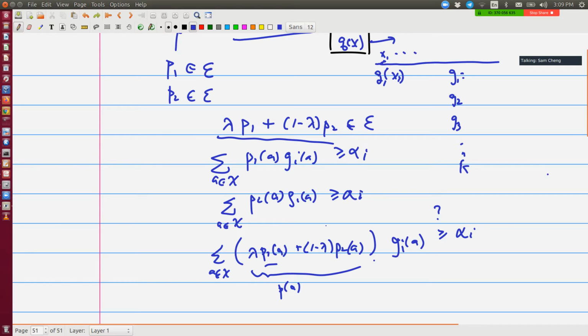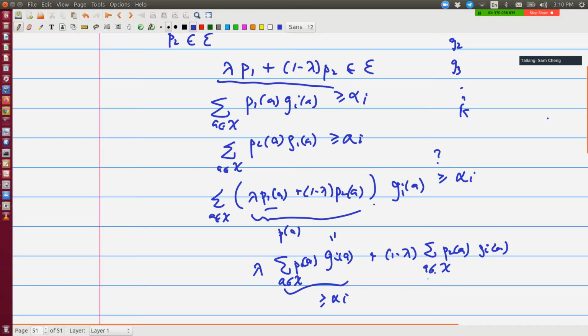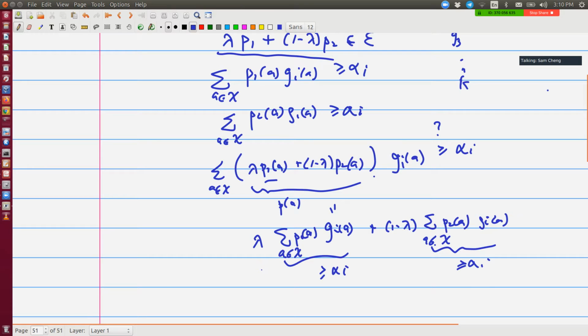Because you just put it in, and this is bigger than or equal to alpha_i. So this will give you lambda P1(a) g_i(a) summed over x, plus (1 minus lambda) P2(a) g_i(a) summed over x, and due to alpha_i, this is bigger than or equal to alpha_i. Apparently this will be bigger than or equal to alpha_i, right?